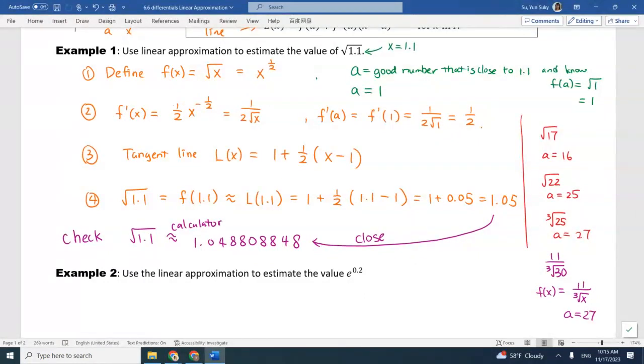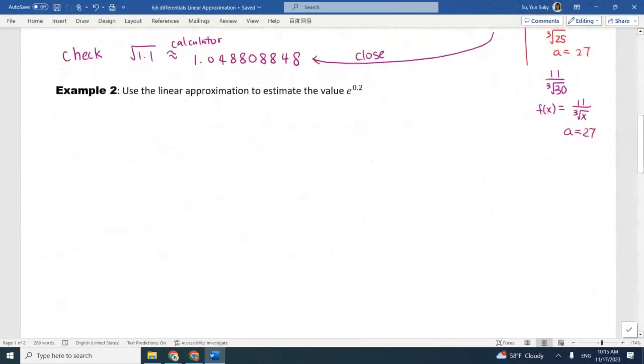Exactly. Very good. Yes, because it's a cube root, the cube root of 27, we know what it is. And then you can also plug in f of a. It will be 11/3. Right, everybody? So yeah, you can try this exercise. Okay, so that is example 1. Any questions so far? Good. Okay, so let's continue.